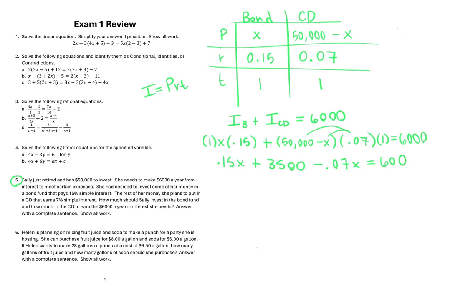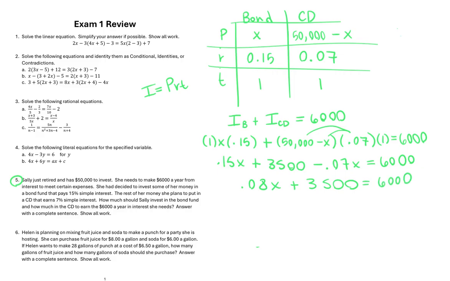Okay, so then we subtract our 0.15 and our 0.07. We get 0.08x plus 3,500. And I realize I made a typo here. 0.08x plus 3,500 equals 6,000.